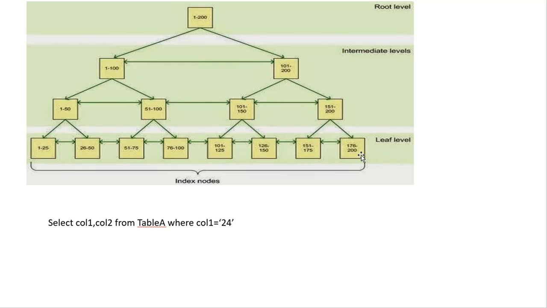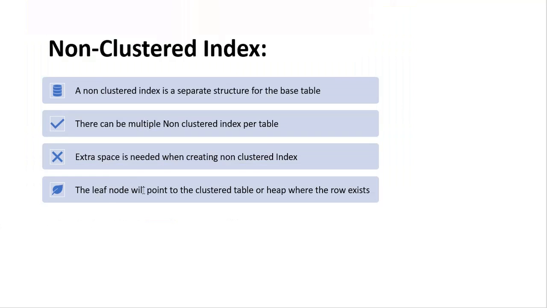The main difference here is that in a non-clustered index, the leaf node consists of pointers to the clustered index, but in a clustered index, the leaf node consists of the data pages. The leaf node doesn't have any data in it. Instead, it has the pointer location in the clustered table or a heap where the row exists. This is the main difference between a non-clustered index and a clustered index.